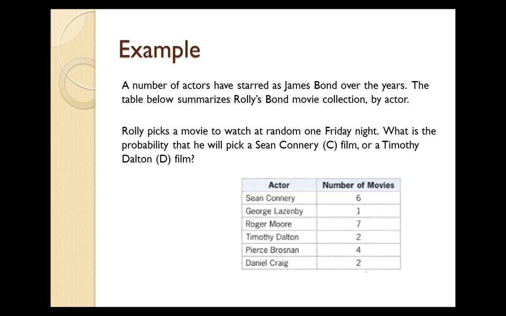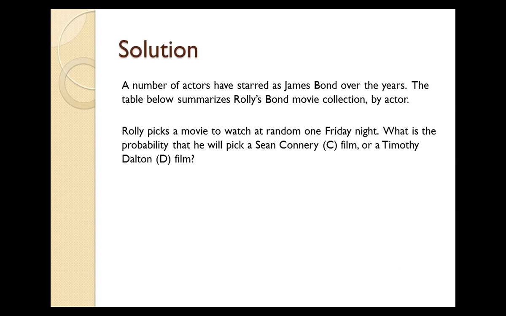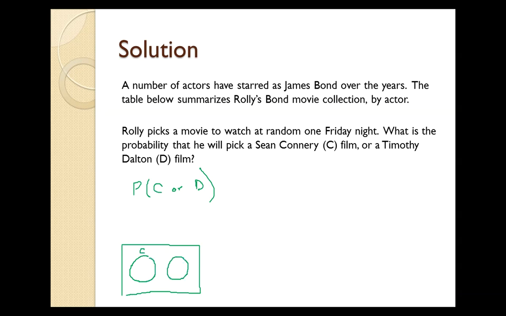So using what we just learned, the probability of him picking a Sean Connery film or a Timothy Dalton film. Just to reemphasize, these are mutually exclusive events. You can't have a James Bond movie where Sean Connery is James Bond and Timothy Dalton is James Bond.